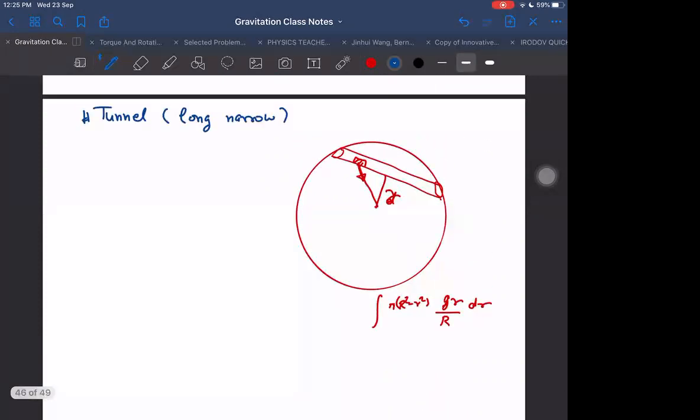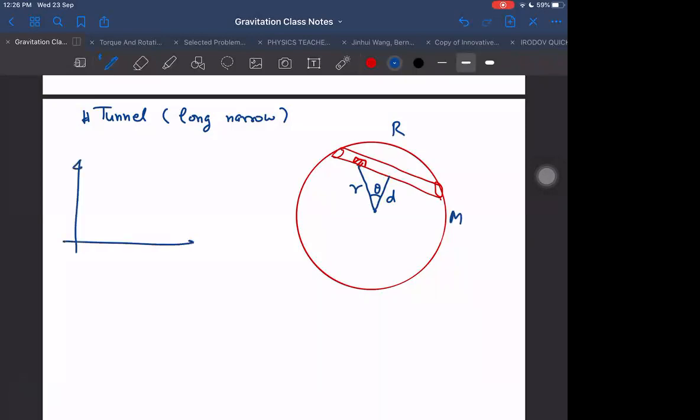Come to this long narrow tunnel first of all. Tell me the question which you can answer. First, do you know what is the force acting at a distance smaller r, if density is rho, or mass is m? I think you should know this graph. Everybody should remember the graph of g, or acceleration due to gravity, as a function of r. It varies like this. Do you remember it? Yes, sir.